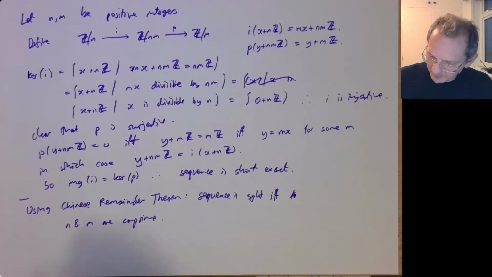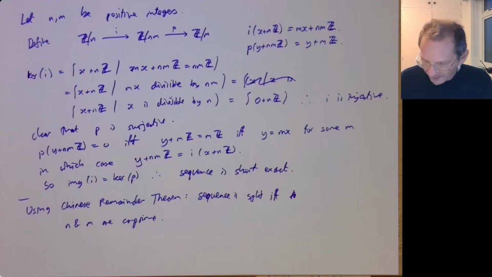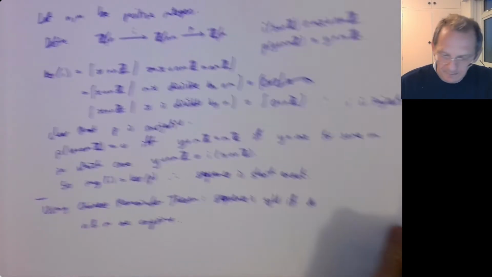Proving it carefully would require a few extra steps, but the Chinese remainder theorem is certainly the central point here. Okay, so there are some examples about exact sequences.